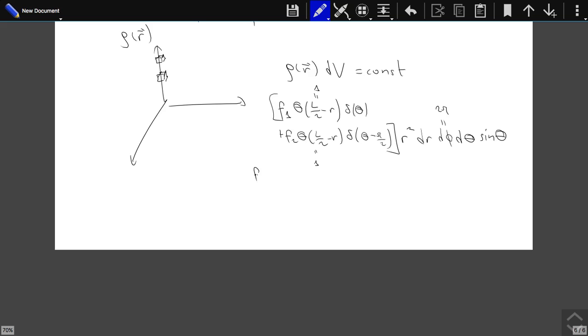So F1 sine theta Dirac delta theta plus F2 sine theta Dirac delta of theta minus pi over 2, times r squared dr, no, d theta, should be equal to a constant, not 0.